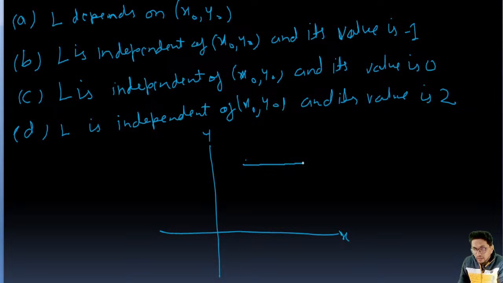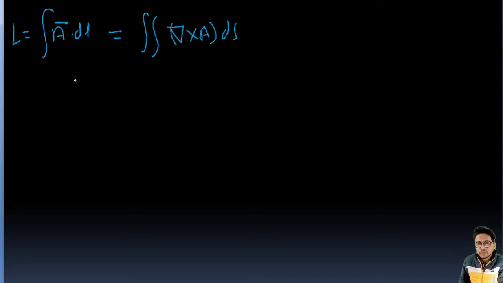This is the square, and this is the point (x naught, y naught). We have to find the value of L, that is A dot dl, and we know Stokes theorem relates it to curl of A dot ds. So first we will find the curl of A.